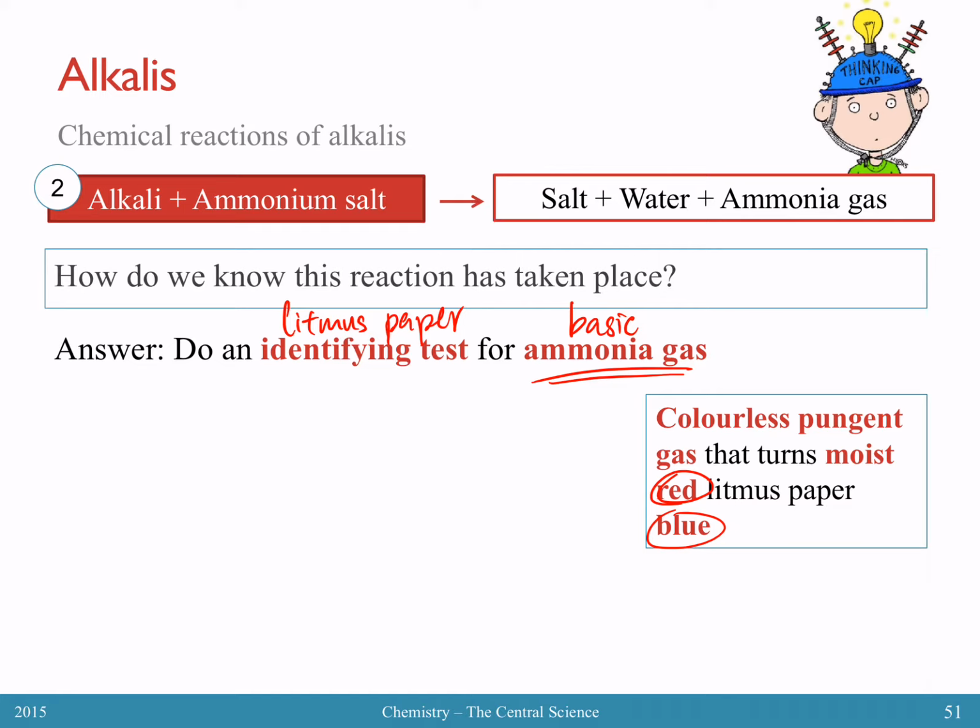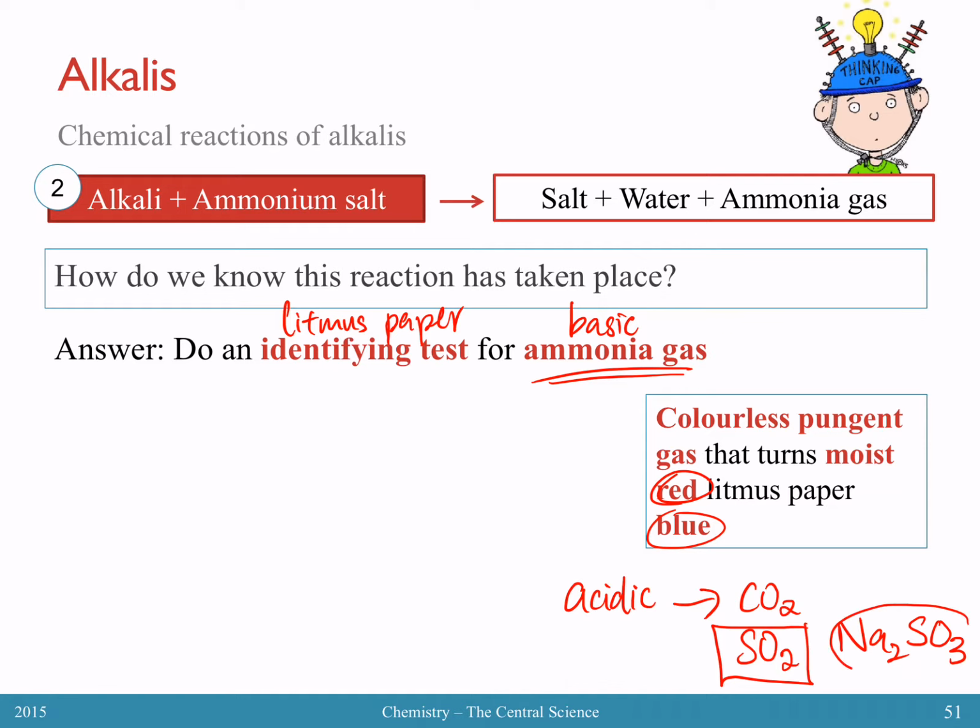The only basic gas you need to know is ammonia gas, whereas for acidic gases, there are quite a few. The two that you know are CO2 as well as SO2. SO2 is the gas that's evolved when we use sodium sulfite.